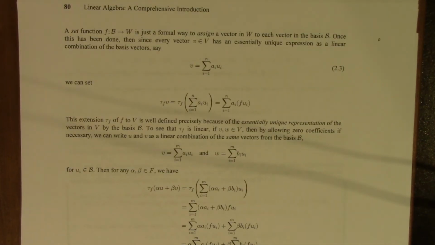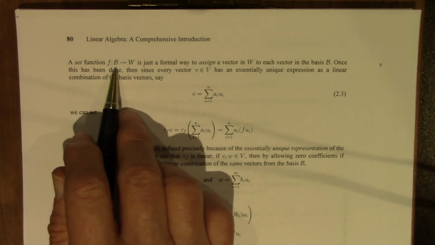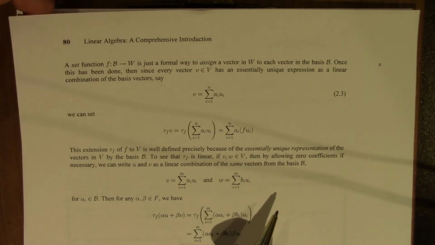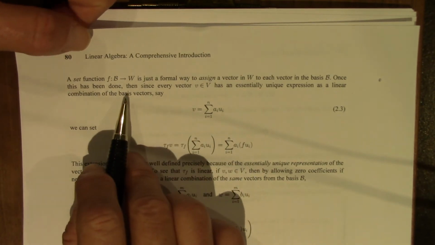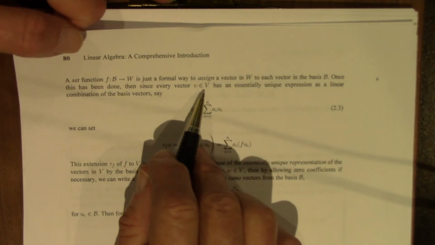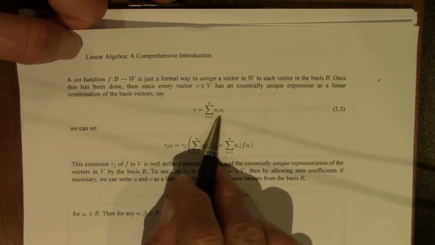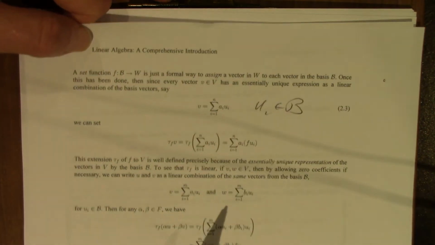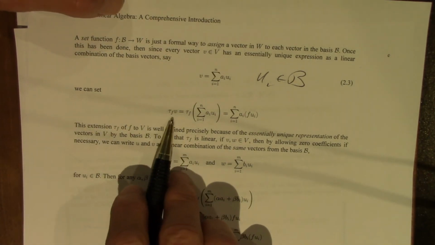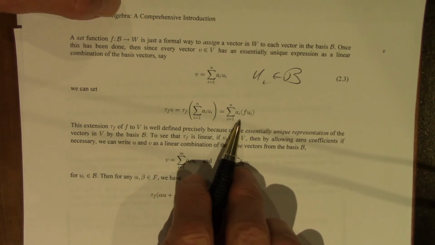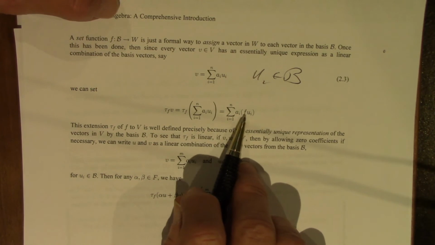And here's the way it works. The set function f that maps the basis B for V to W is really just a formal way to assign a vector in W to each basis vector in B. So once this assignment has been done, then since every vector in V has an essentially unique expression as a linear combination of basis vectors, let's say it looks like this, where the u sub i's belong to B, I should add that, then we can set tau sub f applied to v, that is, tau sub f applied to this linear combination, to be equal to this sum, where we are now applying f to the basis vectors u sub i.